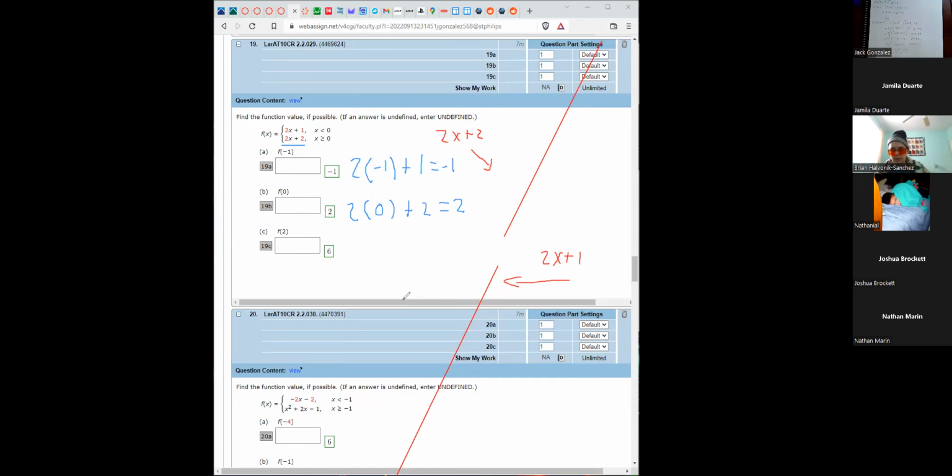Okay. F of 2, well, that's also greater than 0, so you would use the second one again. That's how they get 6. Are there any questions with the inputs or the graph? Do you see how a piecewise function works?